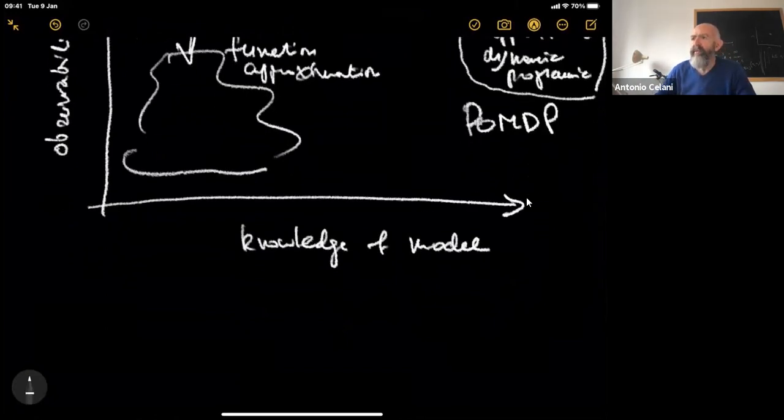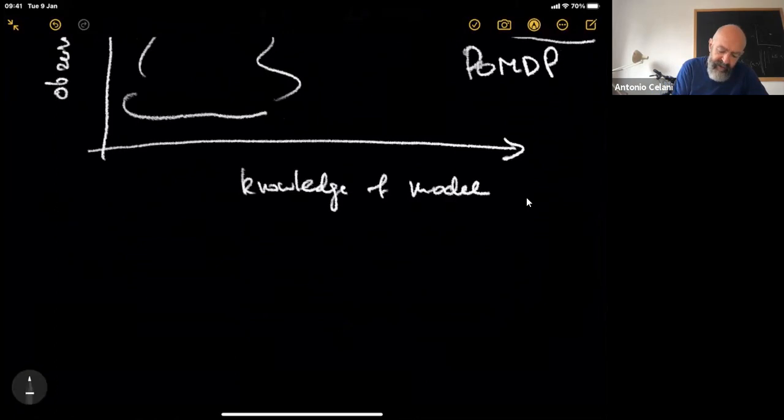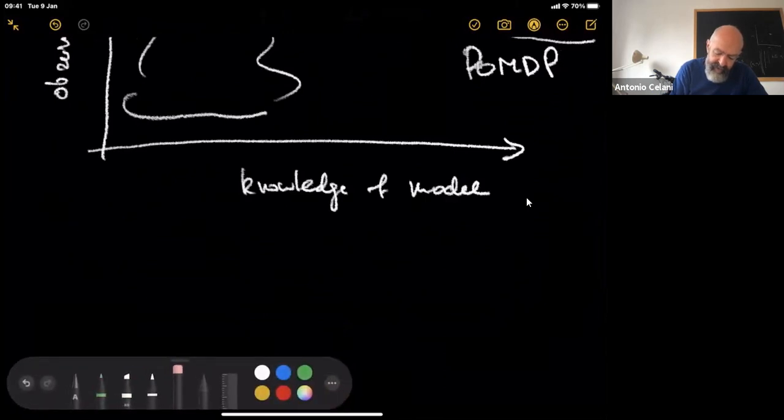Okay, so what does it mean in practice? In practice, the idea is that we want to move from a description of our value function. I have to revert to the previous specification.